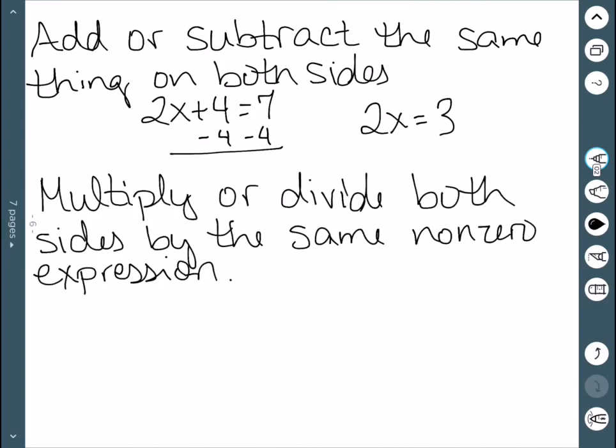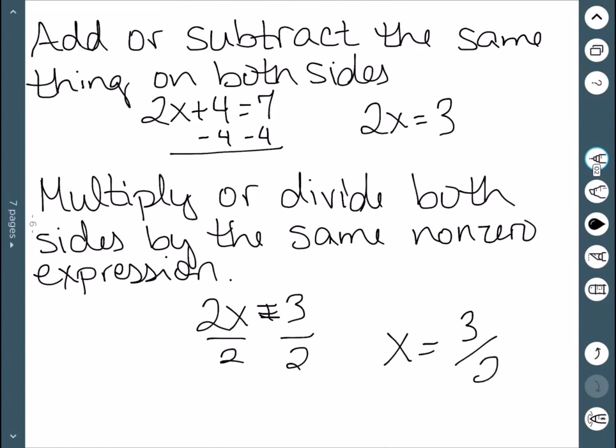The next thing is we can either multiply or divide both sides by the same non-zero expression. It's important that we note that it has to be non-zero. So for instance, this equation that I just had, I can divide both sides by 2. 2 divided by 2 is 1, and then on the right, we would have 3 divided by 2. So we can either multiply or divide both sides.